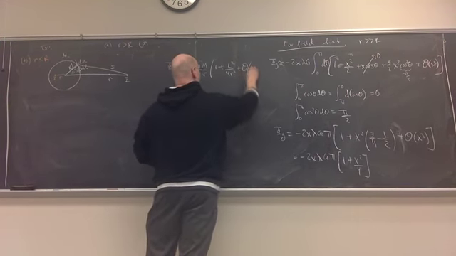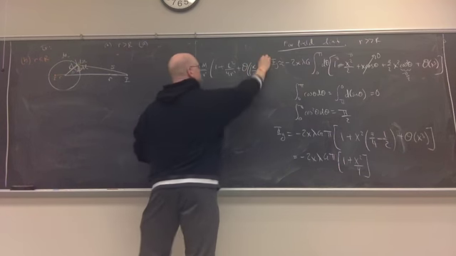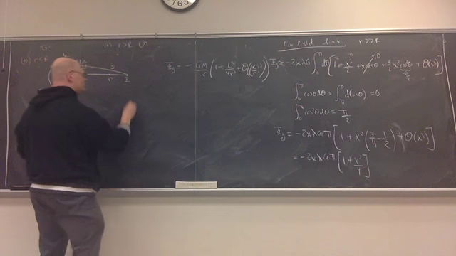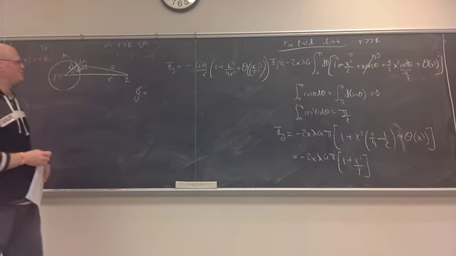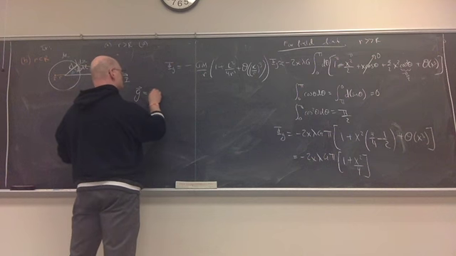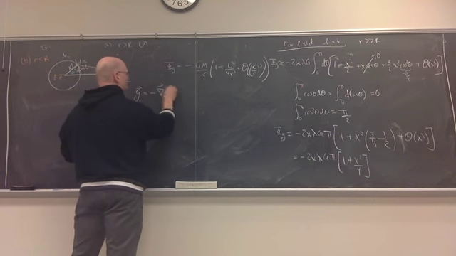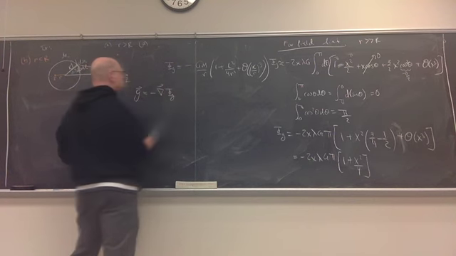So terms that go as r over r. Now let's look at the field strength intensity. So let's look at G. We know that G is equal to minus the gradient of the potential.